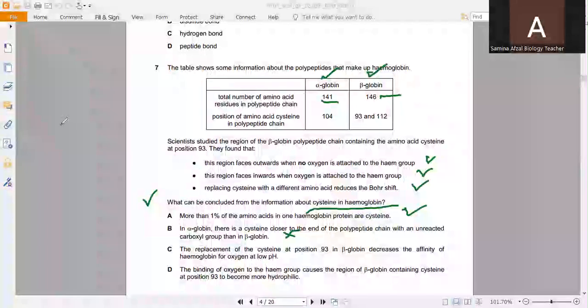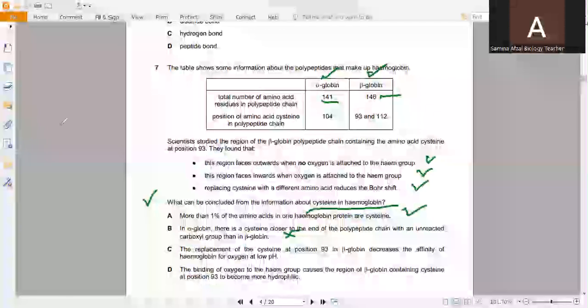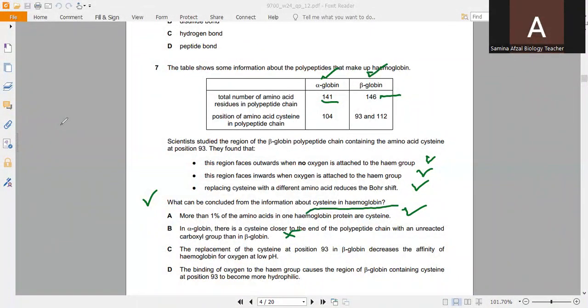The replacement of the cysteine at position 93 in beta globin decreases the affinity of hemoglobin for oxygen at low pH. So according to this, this is actually related to the change in the oxygen affinity at different pH levels.